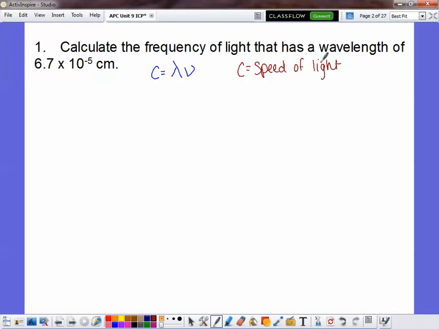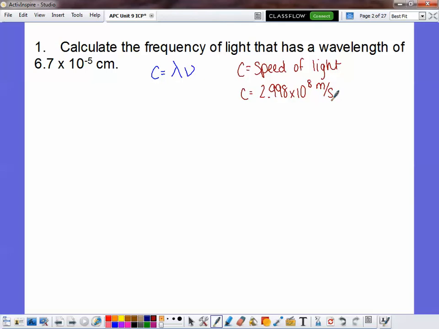In a vacuum, aka space, what is the speed of light? 2.998 times 10 to the 8th meters per second. That is the speed of light in a vacuum.